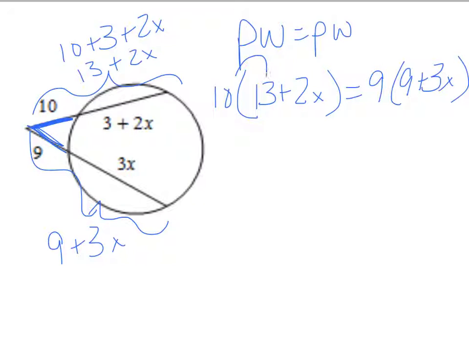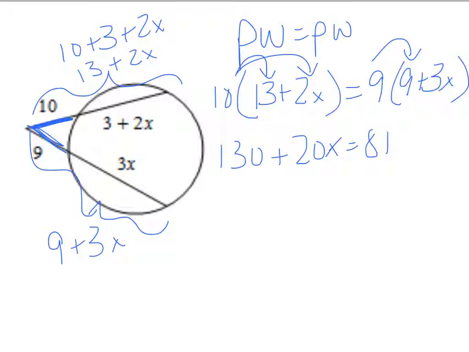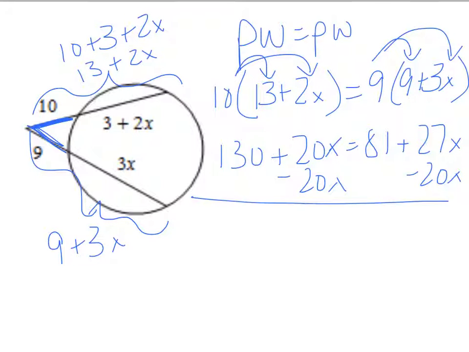Now we distribute. 10 times 13 is 130. 10 times 2x is plus 20x, equals 9 times 9 is 81, plus 9 times 3x is 27x. Going to subtract 20x from both sides. That cancels.